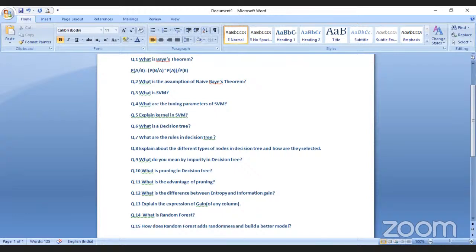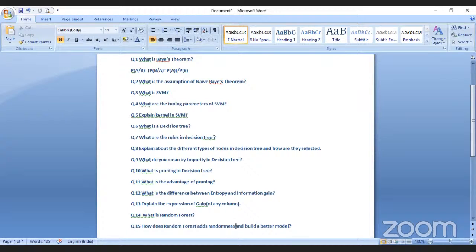Instead of searching for the most important feature when we are splitting a node, it searches for the best feature among a random subset of features. So randomly it selects the features, and out of that it searches for the best feature.